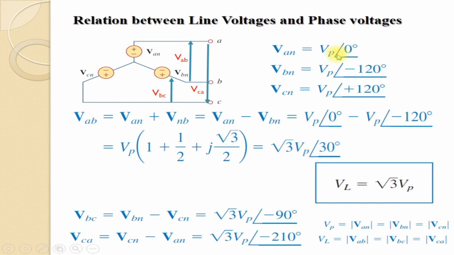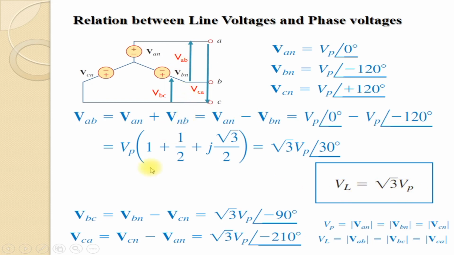From this relation you can see that magnitude wise the line to line voltage will be root 3 times the phase voltage, and it will be leading by an angle 30 degree with respect to the phase to neutral voltage of the A phase, or with the reference voltage. So the relation can be written as VL, the line voltage, will be equal to root 3 VP in magnitude. That means the magnitude of the line voltage will be root 3 times the phase voltage.